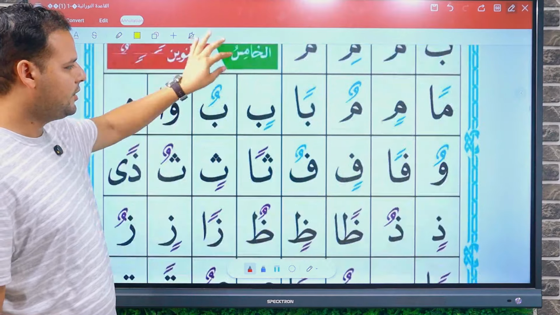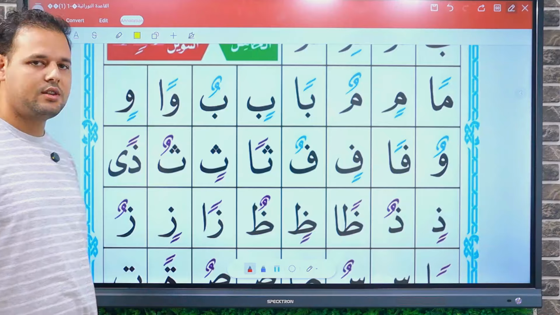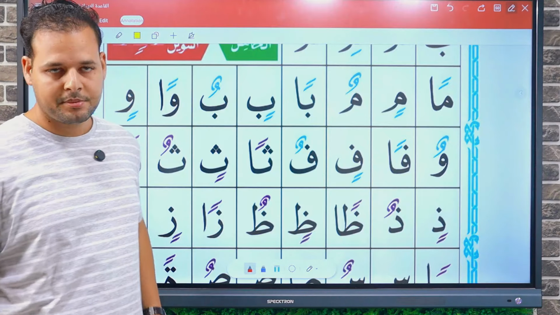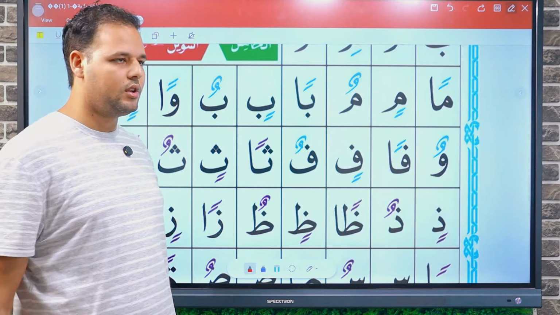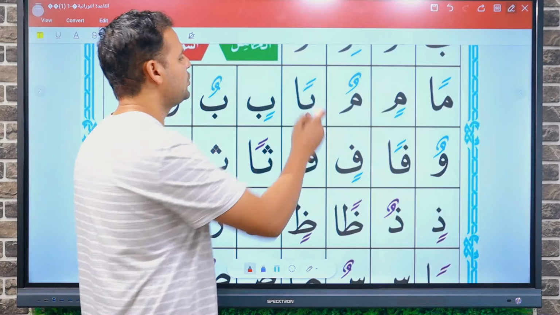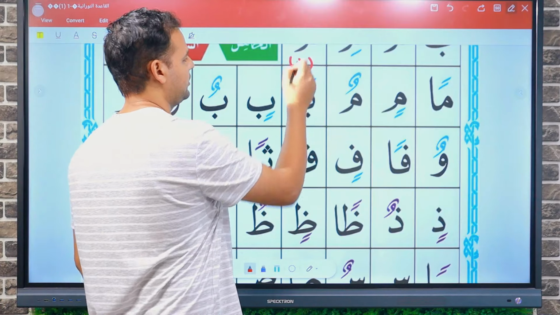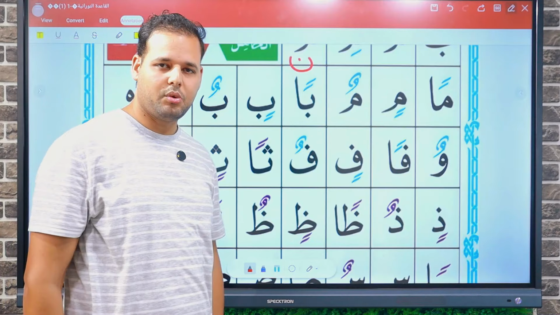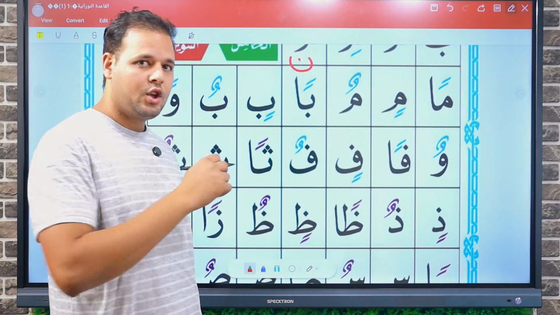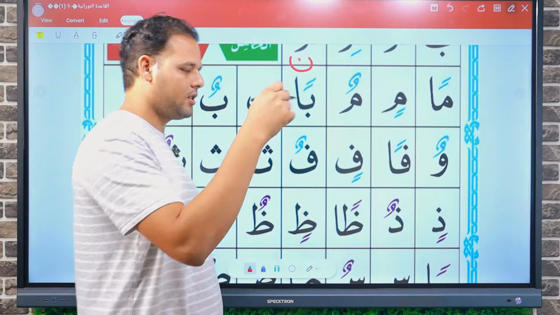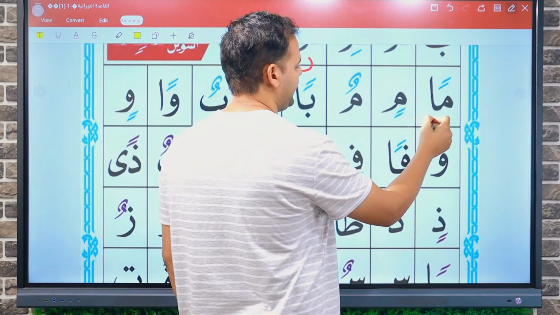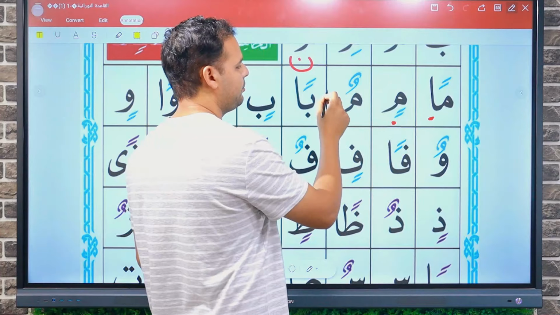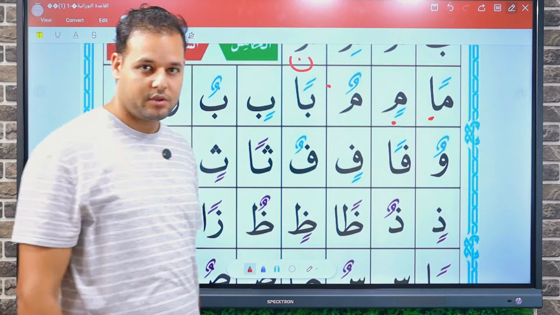And then we have here the double vowels. As you can see, the vowels have doubled. So there is a major sound in the Arabic language, which is the noon sound. This one. Remember the noon? So instead of writing noon in every single word that we want to add this sound, we replaced it with double vowels. So this one is going to be man, min, mun. Try to repeat it.